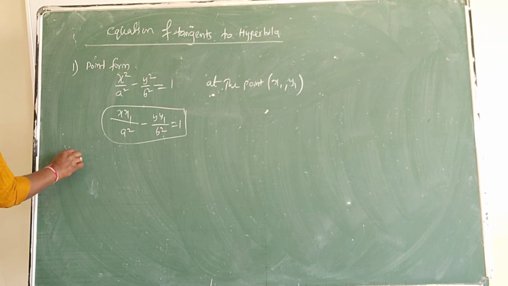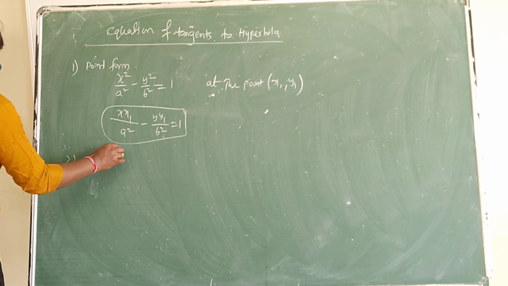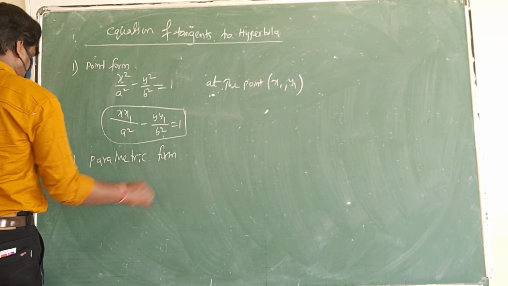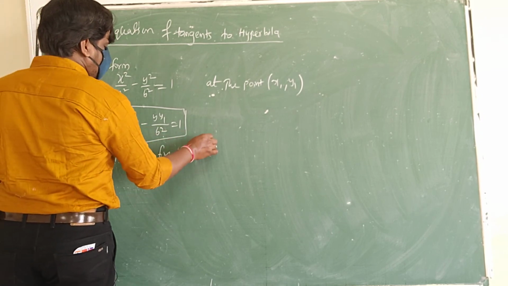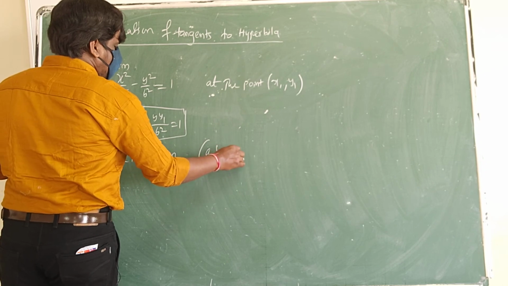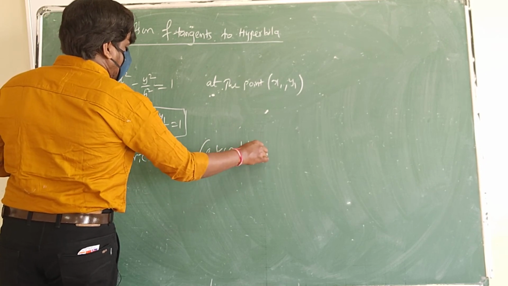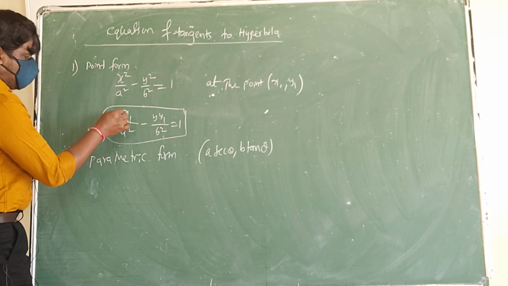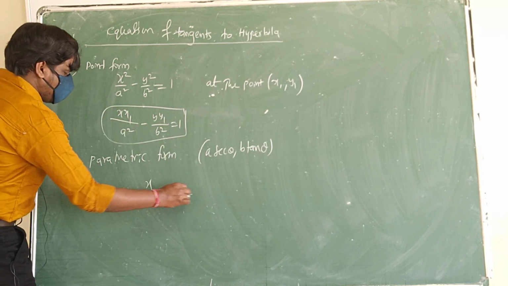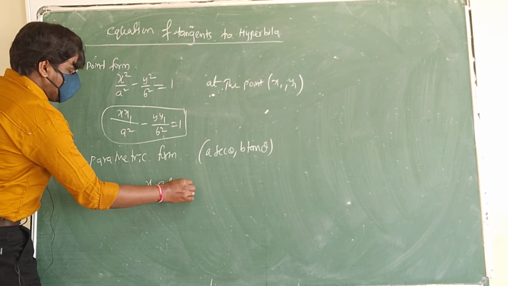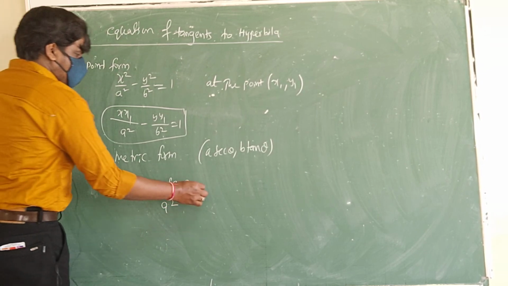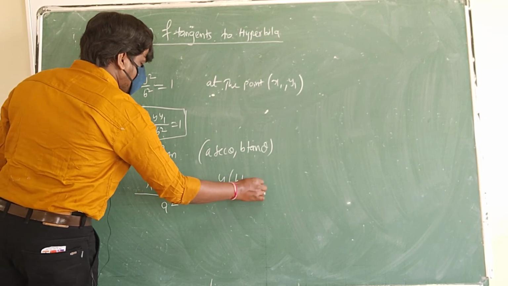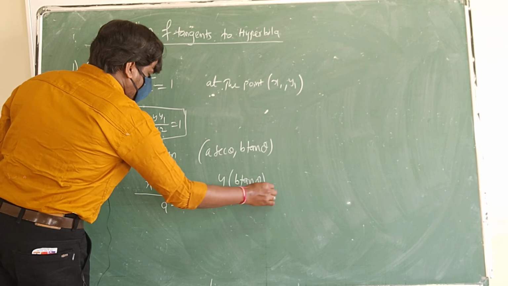What is the next form here? Parametric form. What is the parametric point? A sec theta comma b tan theta is the parametric point. So in place of x1 I will write a sec theta, so I get x into a sec theta divided by a square minus y into b tan theta divided by b square is equal to 1.